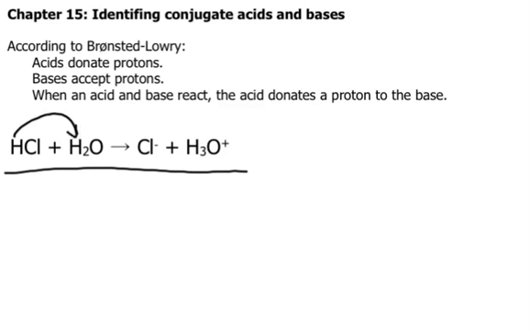And so on the product side, the Cl minus is what's left over after the H plus is gone, and the H3O plus, the hydronium ion, is what is created when the water accepts that H plus ion.